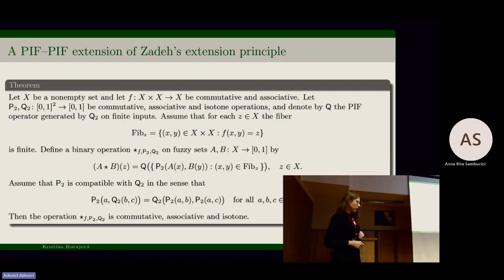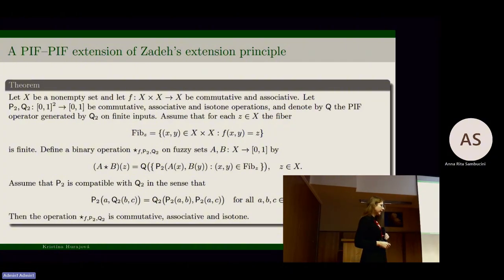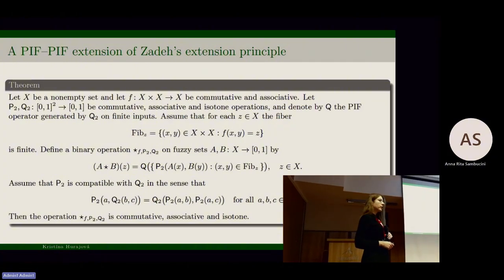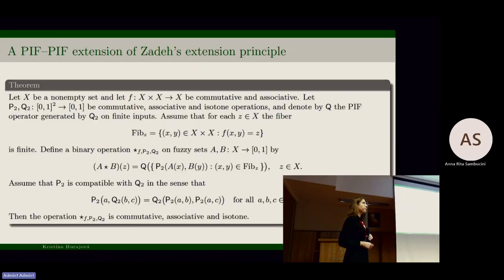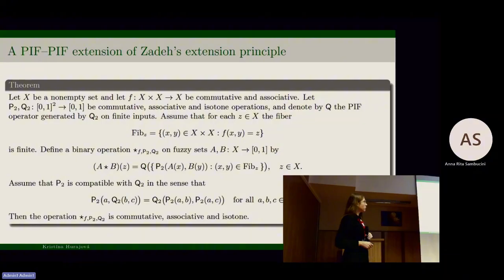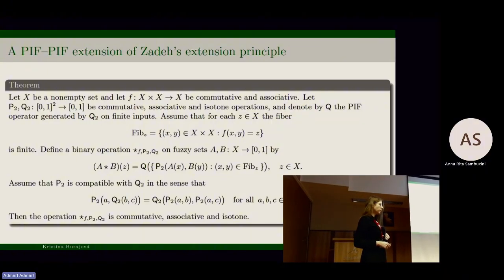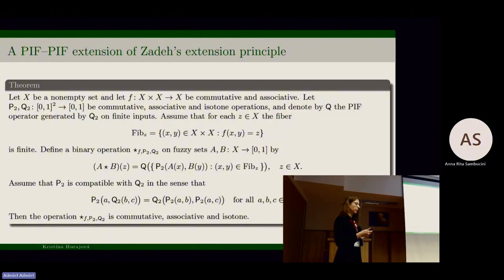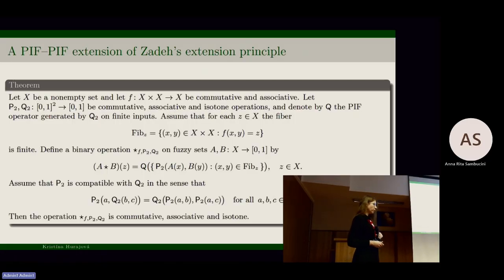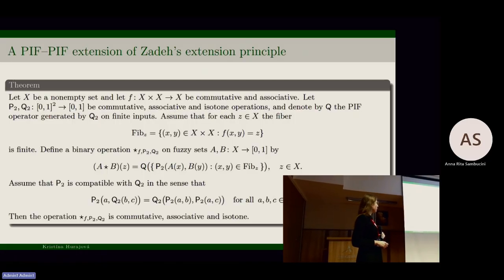And this shows that associativity doesn't depend on supremum or a specific T-norm, but it follows from endomorphic interaction between two levels of aggregation.